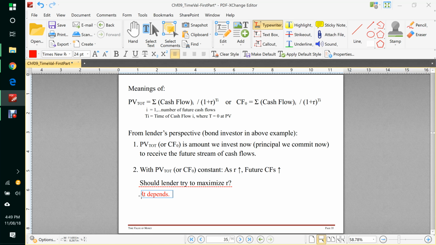We need to watch out for competition and the riskiness of our borrowers. If we set our interest rates too high, everyone will go to the competition, okay? And also, the higher we set our interest rates, the riskier the borrowers we're going to get, and we'll talk about that more as time goes on.